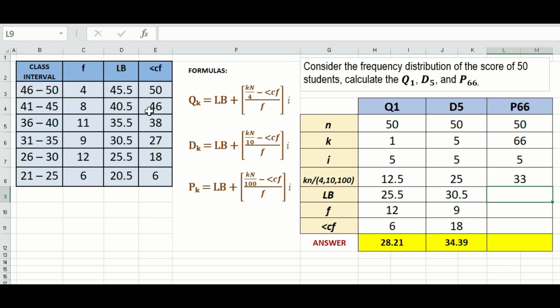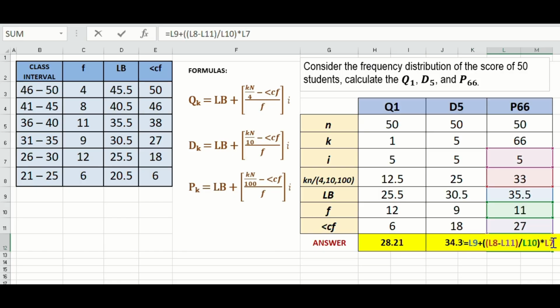So 33 belongs here in the 38 row, so it is not a class where we get the data for substituting the values. So we have the lower boundary 35.5. We also have the frequency, 11, and we also have the less than cumulative frequency. Our cumulative frequency would be 27.